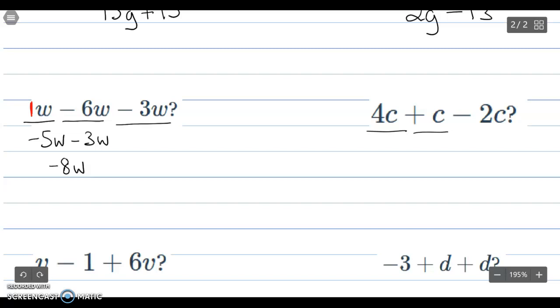They all have the same like term, and we're going to add them together. First, we're going to do this positive 4C with this positive 1C. Add those together, and we get positive 5C. Then I'm going to bring down this negative 2C.